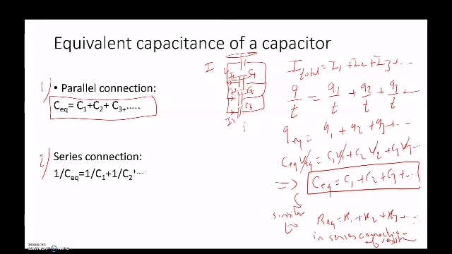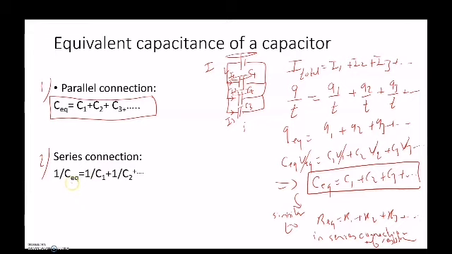So the parallel connection of capacitors is similar to the series connection of resistors, and vice versa. The series connection of capacitors is similar to the parallel connection of resistors.